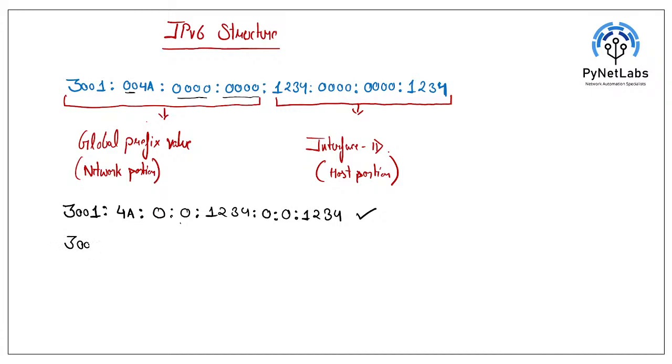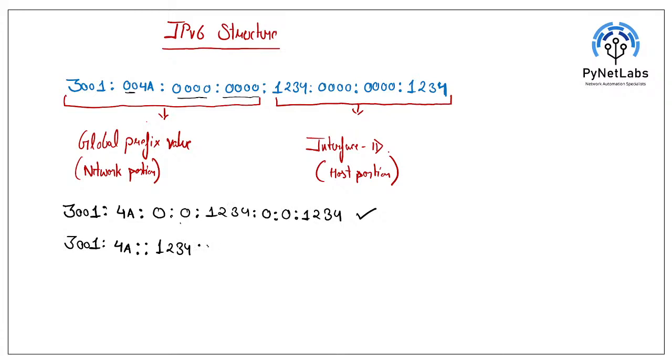Let's say you write 3001, 4a. Now you can see the third and fourth portions have continuous zeros, like 8 bits, we can say 2 bytes or 2 octets, in 0. So instead of writing 00, we can write a double colon, and then we write 1 2 3 4. And here also we have continuous 0.